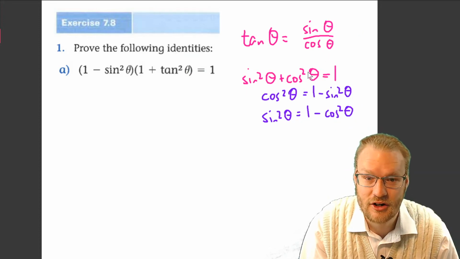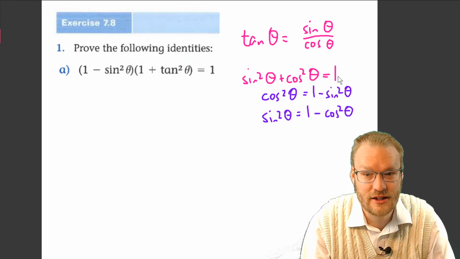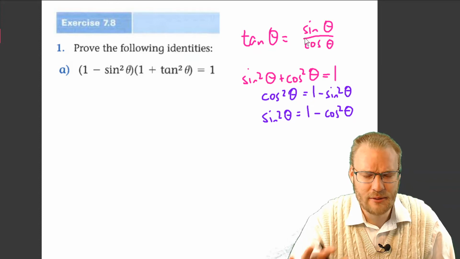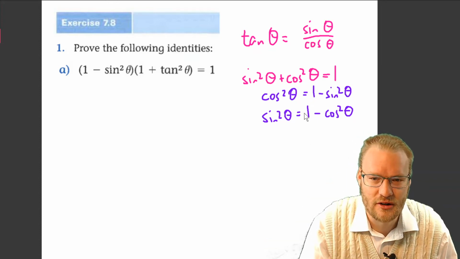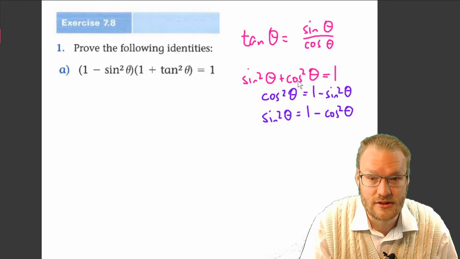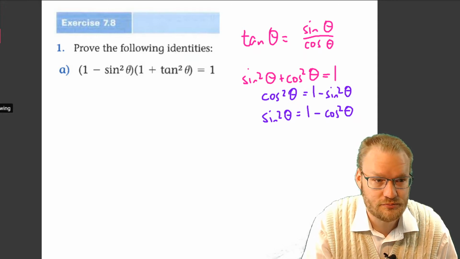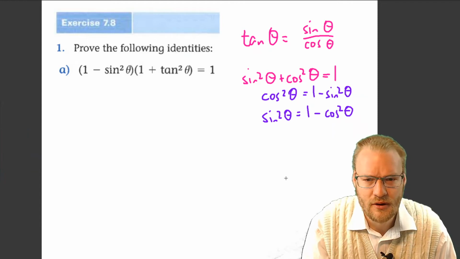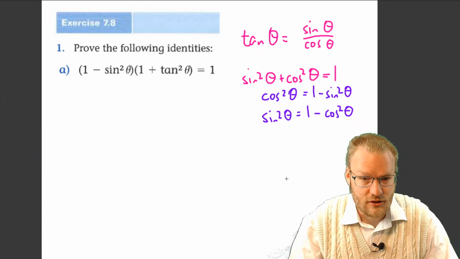Tan theta equals sine theta over cos theta, and sine squared theta plus cos squared theta equals 1. Those are your two fundamental trig identities. Before you even look at any of the questions, you write down these variations. You subtract sine squared and you subtract cos squared to give you the other two. Okay, so now that we've got those in hand, we're ready to tackle all our questions.